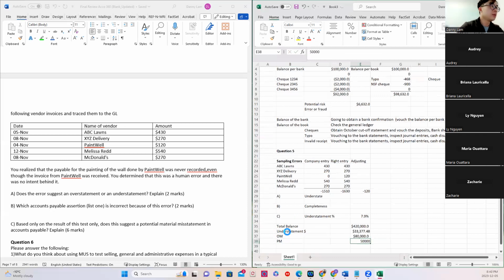Okay, so guys, based on this result, this suggests a potential material misstatement in accounts payable. Is it?